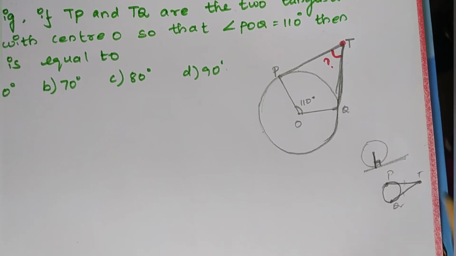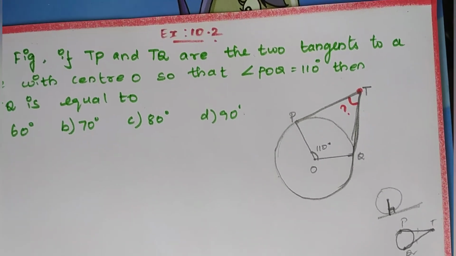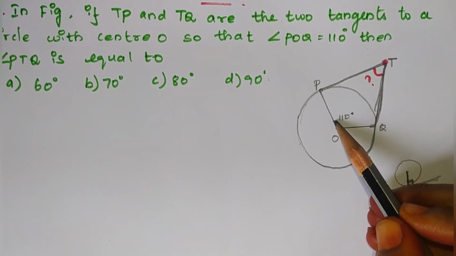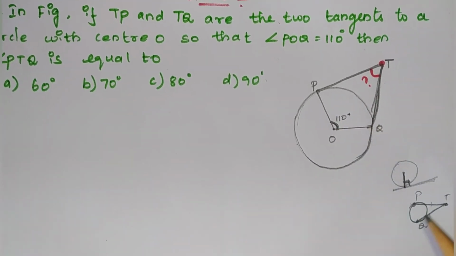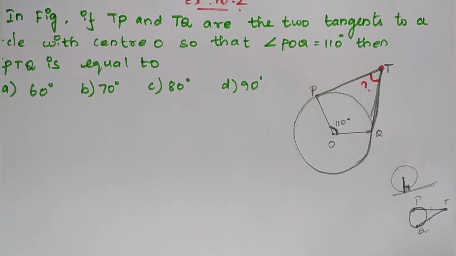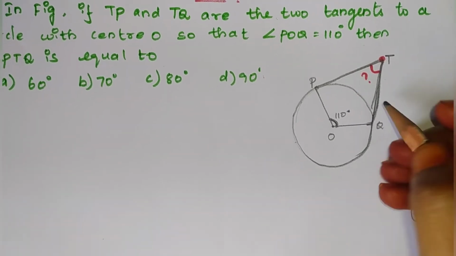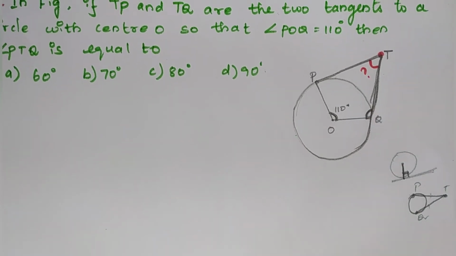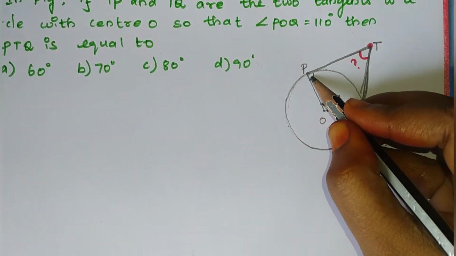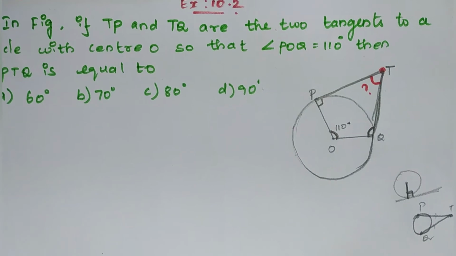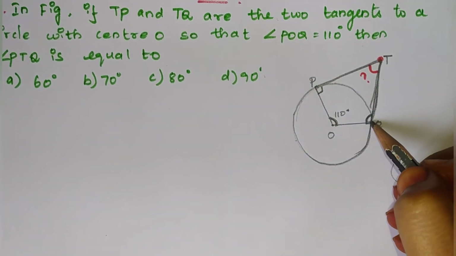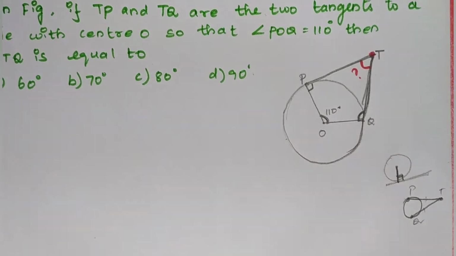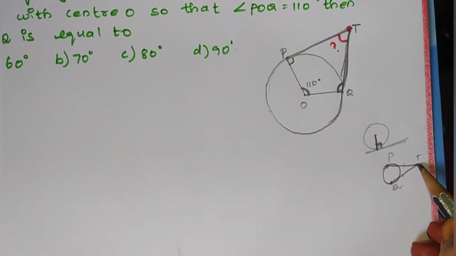Clear, children? Here we are going to find the angle. Which angle? This angle you have to find. They said that this is 110 degree. What about this angle and this angle? This is a point of contact and this is the exterior point.